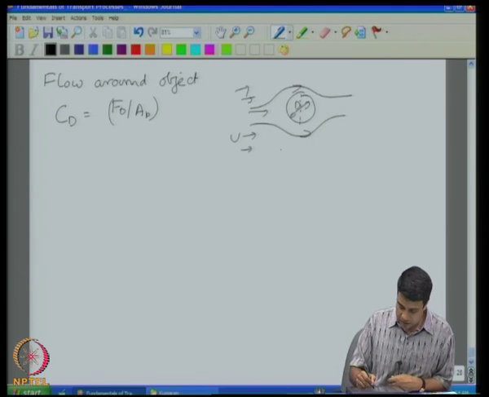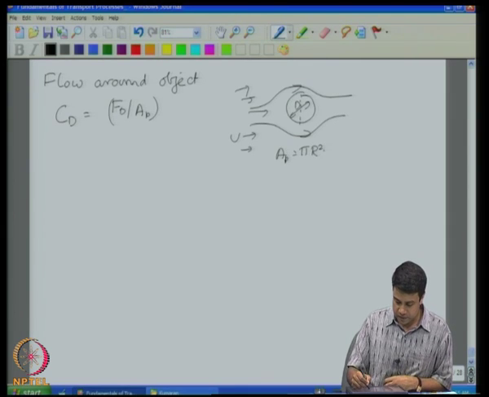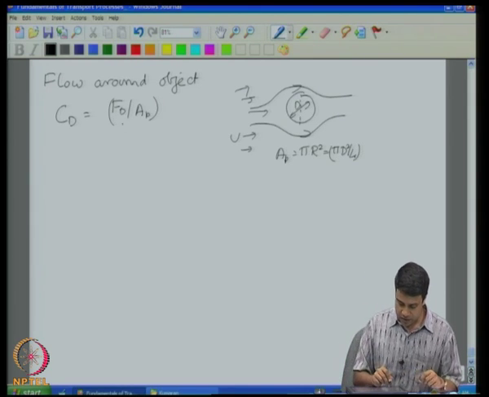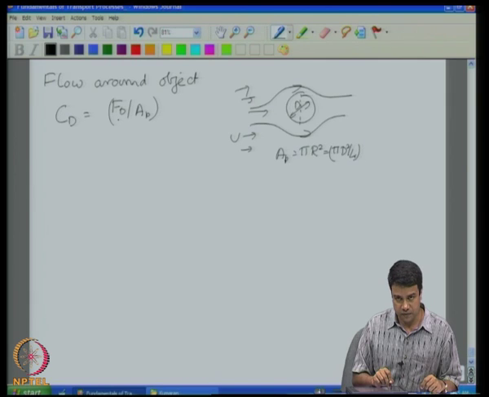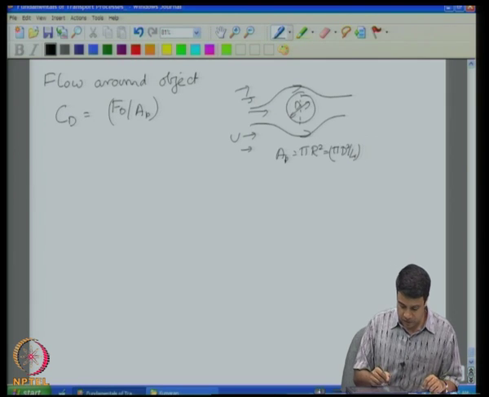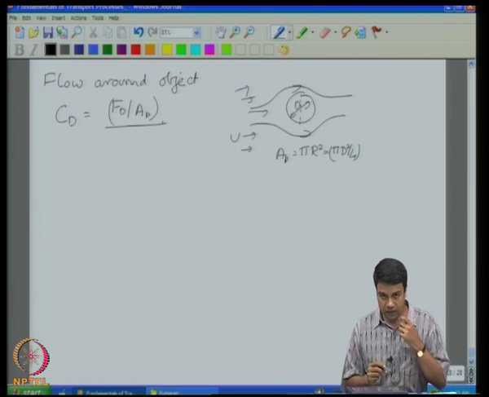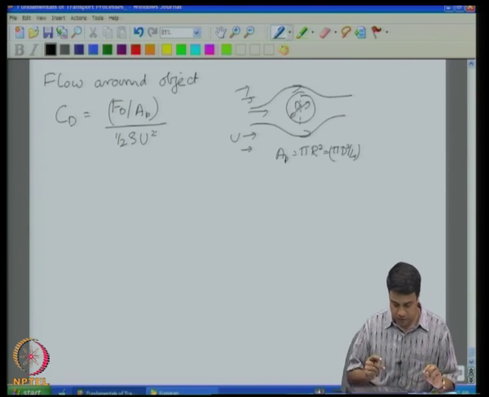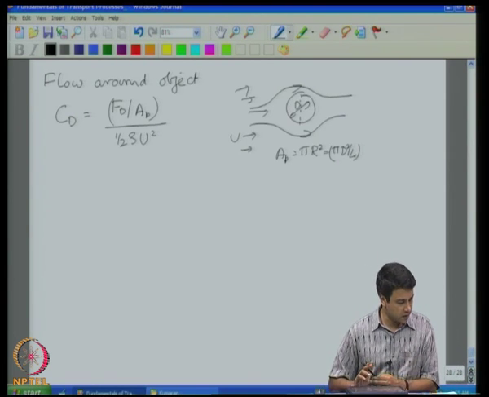In this case, the projected area is equal to pi r squared, where r is the radius of the sphere. So, it is pi d squared by 4. The force divided by projected area is a measure of the stress, and this is divided by half rho u squared. That is how the drag coefficient is defined.